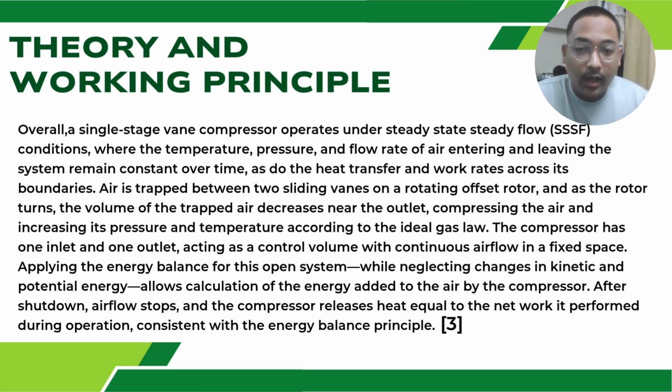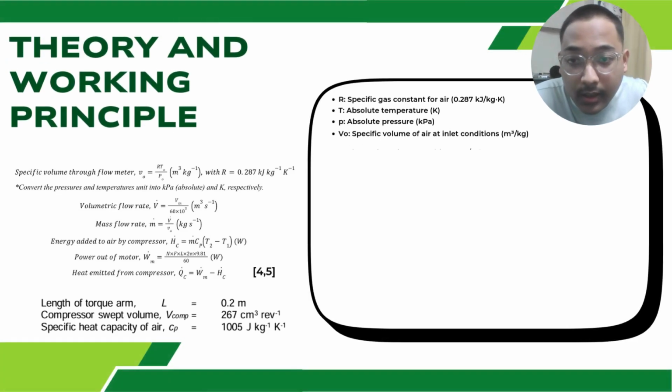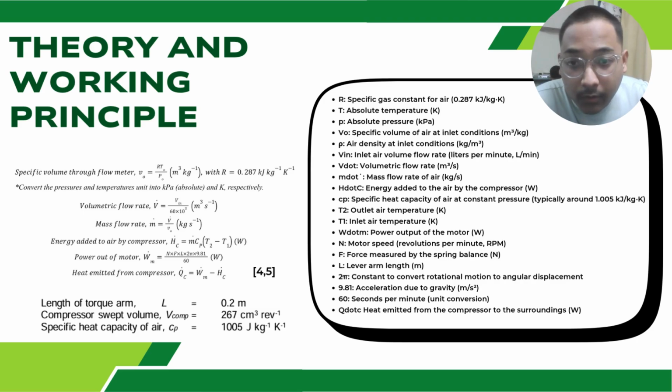After shutdown, airflow stops and the compressor releases heat equal to the net work it performed during operation, consistent with the energy principle. Here are all the equations that we needed: specific volume through flow meter, volumetric flow rate, mass flow rate, energy added to the air by compressor, power out of motor, and heat emitted from the compressor.